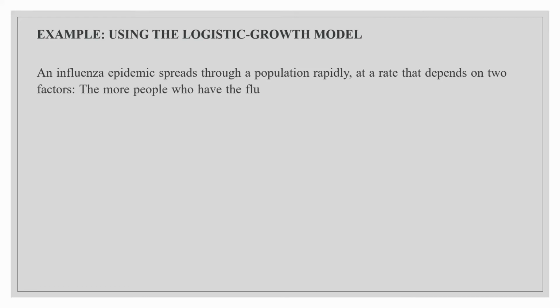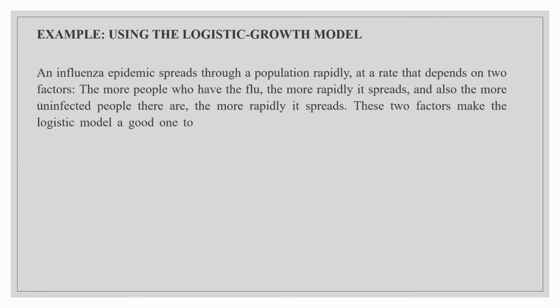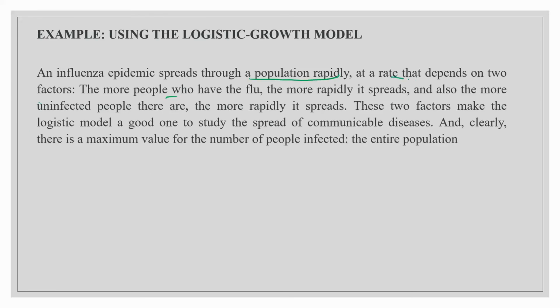Now we will use this logistic model for a disease epidemic. So this is a question: an influenza epidemic spreads through a population rapidly, at a rate that depends on two factors. What are these two factors? The more people who have the flu, the more rapidly it spreads, and also the more uninfected people there are, the more rapidly it spreads.